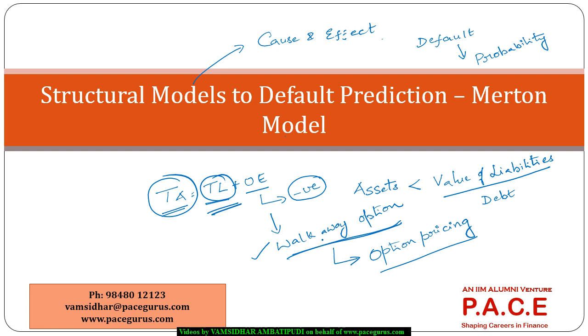That's how the structural models come up, and based on this structural model, we can even find out the probability of default of the company.